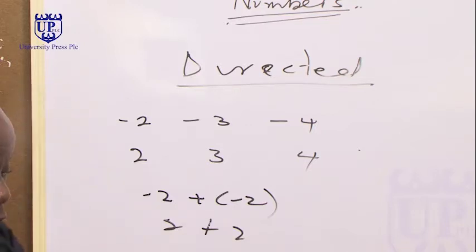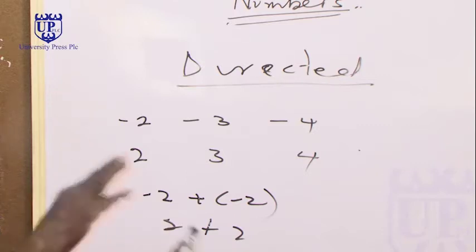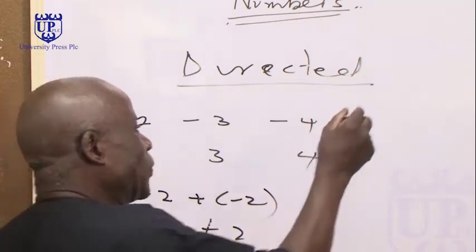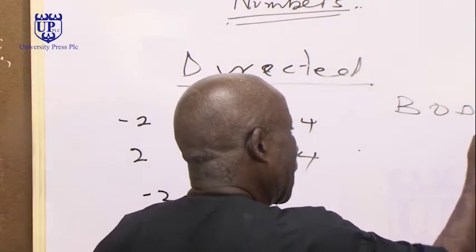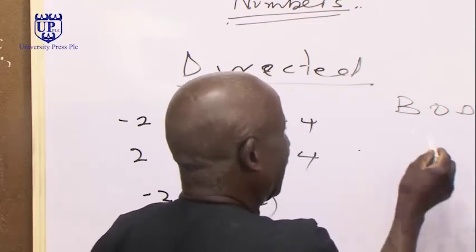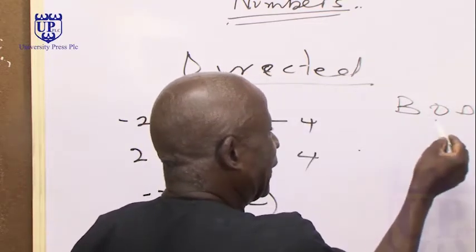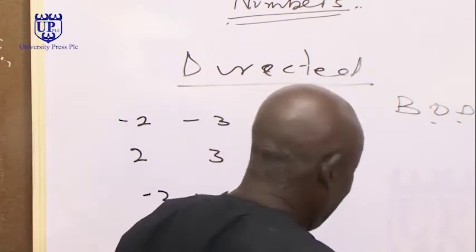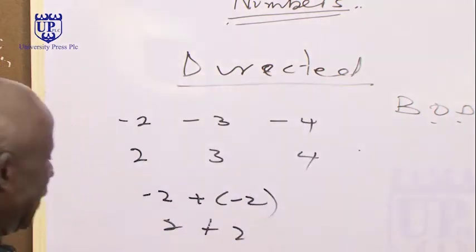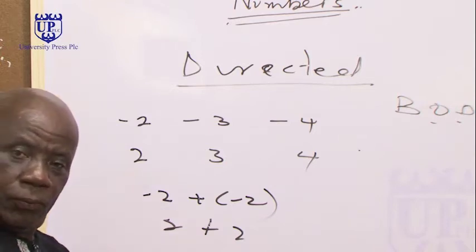That's what you are taught when you are in primary school, primary 2 or primary 3. They say BODMAS: division, multiplication, addition before subtraction. If you use it here, you will run into trouble.